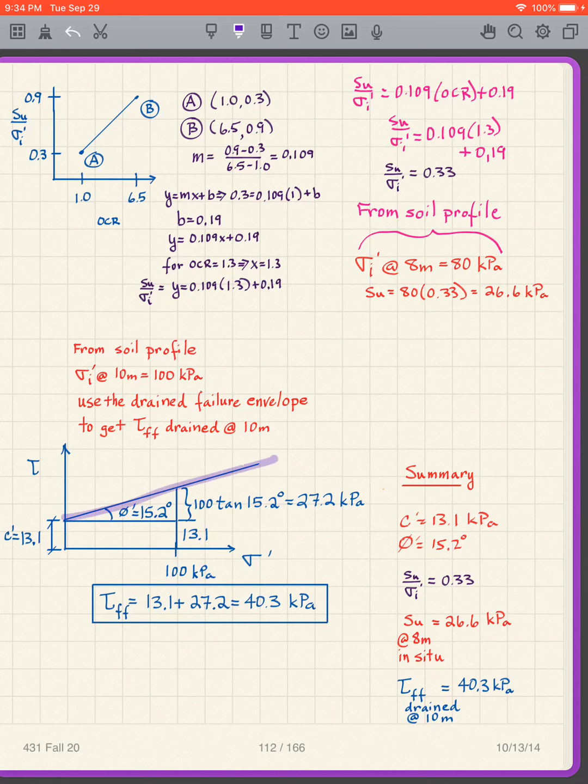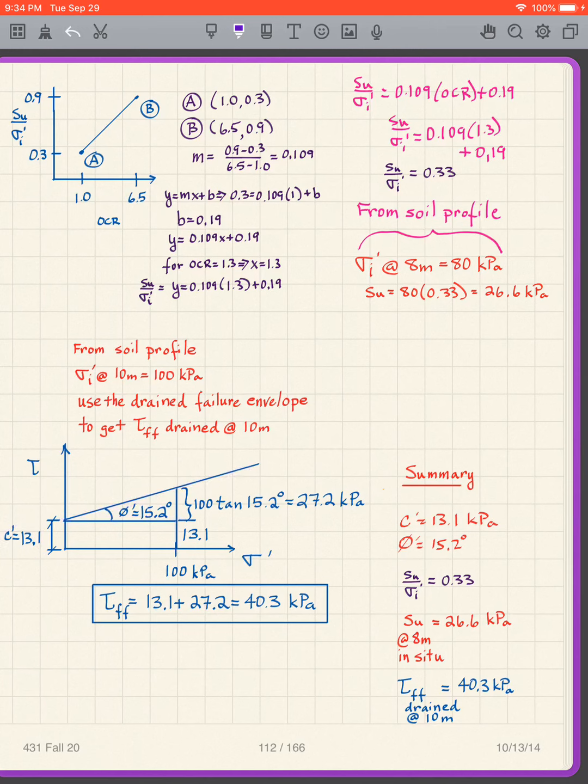There's my failure envelope. I know this intercept, so I'm just going to draw this rectangle for this portion. And then I have a triangle for this portion. This is obviously 13.1, and this is 100 tangent 15.2, so just from basic geometry. And I get 27.2 for that leg of the triangle.